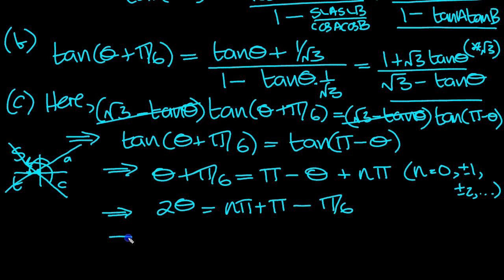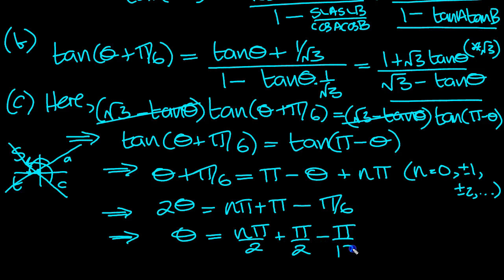So now that tells us then what theta equals: n pi over 2 plus pi over 2 minus pi over 12. So what values of n will be valid to give us thetas within the range of 0 to 180? Or 0 to pi radians rather.